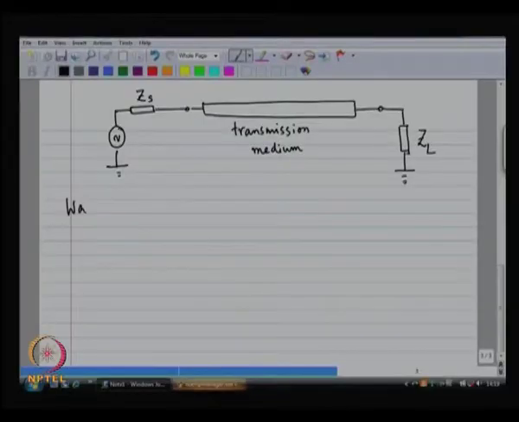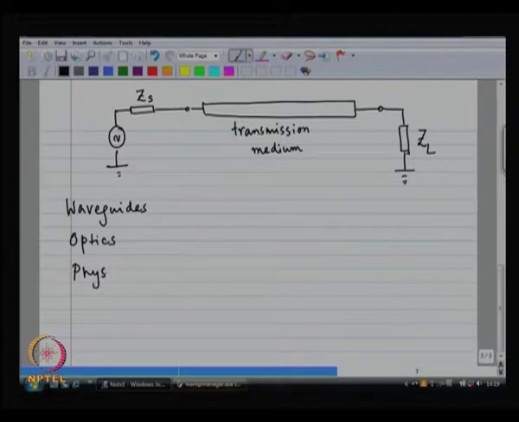Now, in such a scenario, what happens is, if you have studied waveguides, or if you have studied optics, or if you have studied physics well enough, either EM theory or theory which deals with strings and waves. So, this is not string theory, it is a wave traveling over a string.